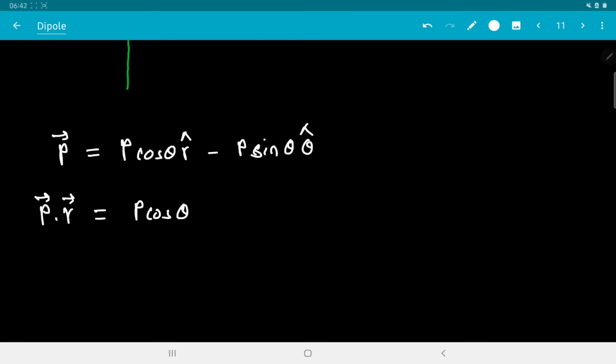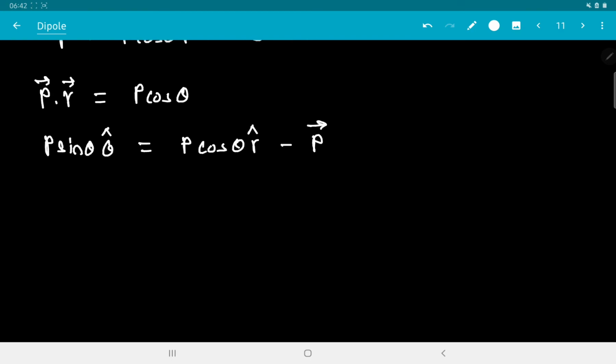The sin theta theta cap term will become 0. Also from this equation we can write p sin theta theta cap equals p cos theta r cap minus this p vector. Now this will help us convert the electric field.